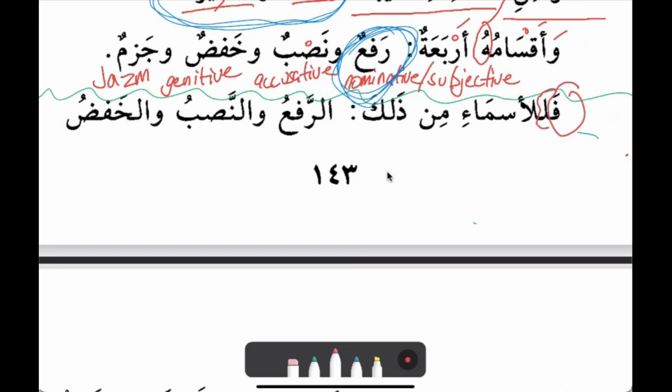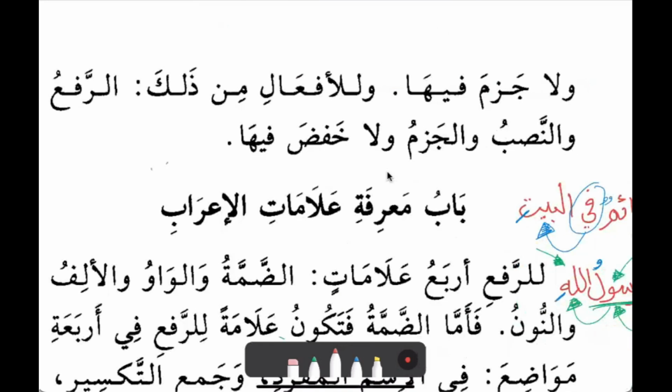So for the nouns concerning that, concerning those four categories, what applies to nouns of those four categories is al-raf'u wal-nasbu wal-khafd, nominative, accusative, genitive, وَلَا جَزْمَ فِيهَا. And there is no jazm in nouns.